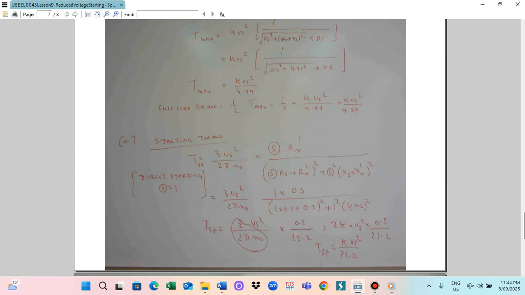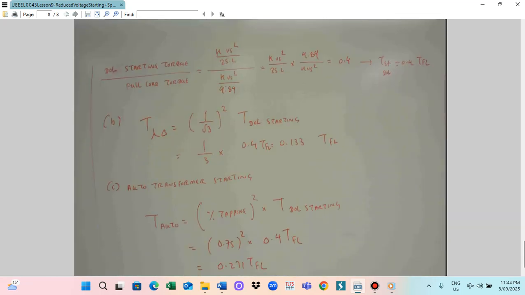Tst is 3Vs squared divided by 2πn0 multiplied by 0.5 divided by 25.2. In this case, 3 by 4πn0 is K, so 3 by 2πn0 is 2K. So 2K multiplied by Vs squared multiplied by 0.5 divided by 25.2, and you get the starting torque as KVs squared by 25.2.